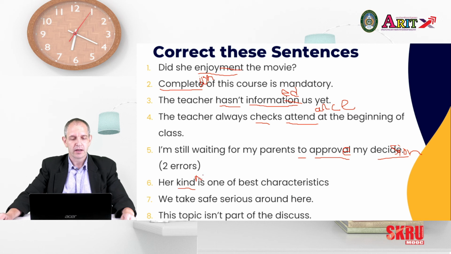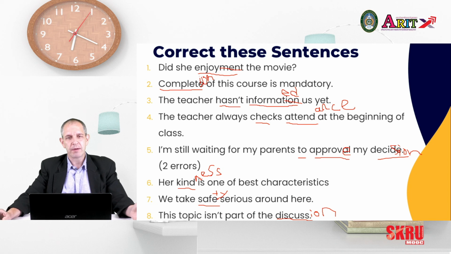Her kindness is one of her best characteristics. Number 7: we take safe seriously around here. Again, we're looking for a noun because it's after the verb. So we take safety seriously around here. And this topic isn't part of discuss. Here we need just a noun, not a verb. So we have to add I-O-N to make it discussion.